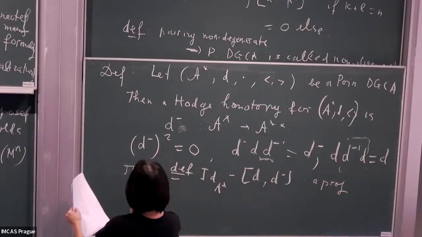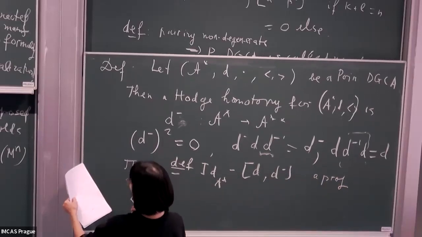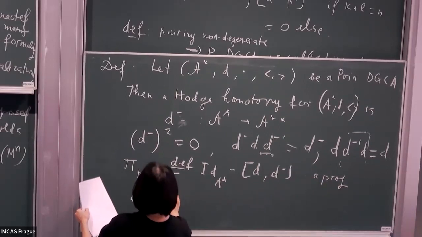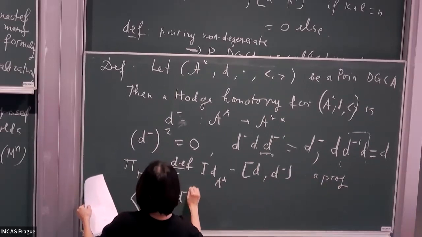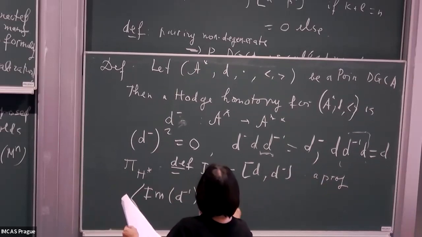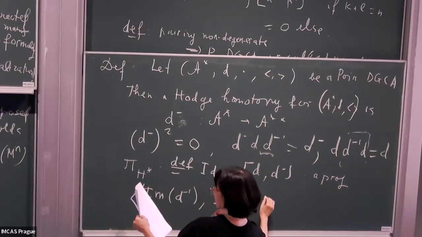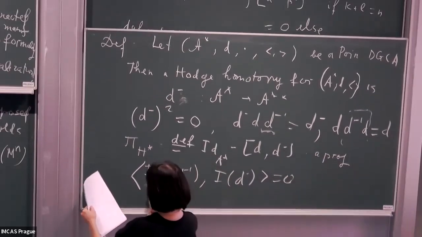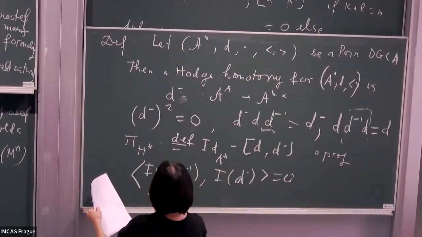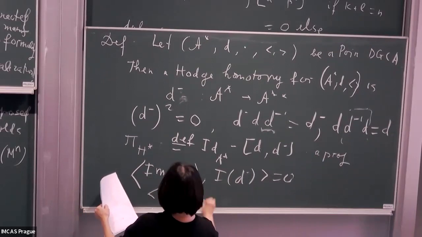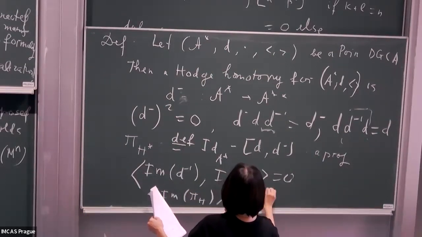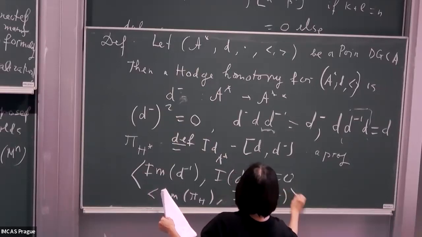And then you have the so-called orthogonality condition. That means that the image of d and the image of the projection are orthogonal, and then the image of the projection and the image of d^- are also orthogonal, equal to 0.